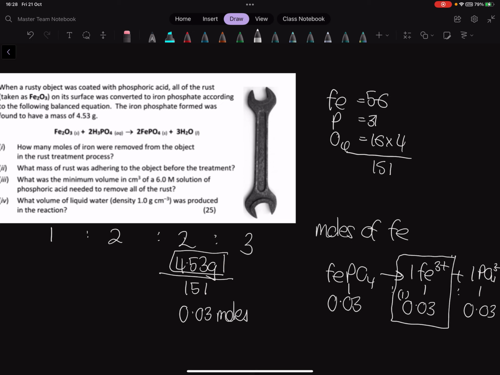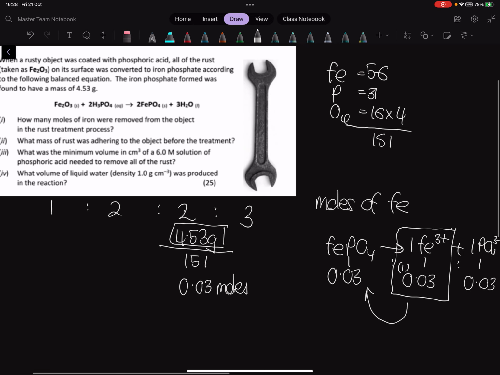This is our answer. Now, again, some candidates can't recognize that they have to break apart a compound. Sometimes you have the iron and you have to go back and work out your ratio for what is within a compound.